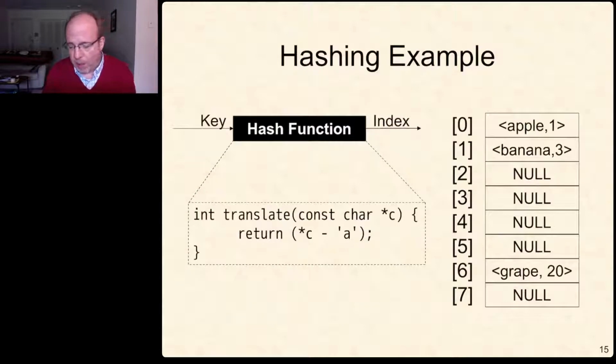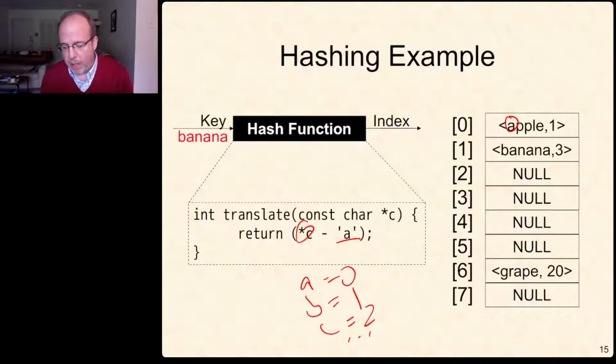So for example, if we're hashing names of fruits, we might choose the first letter and subtract 'A' from it, and that gives us a 0-based index of the alphabet. So A is equal to 0, B is equal to 1, C is equal to 2, and so on.